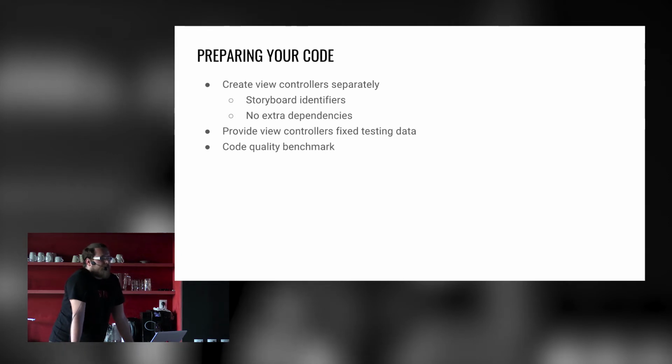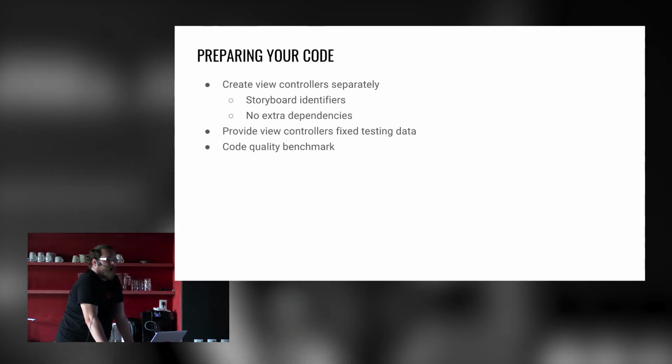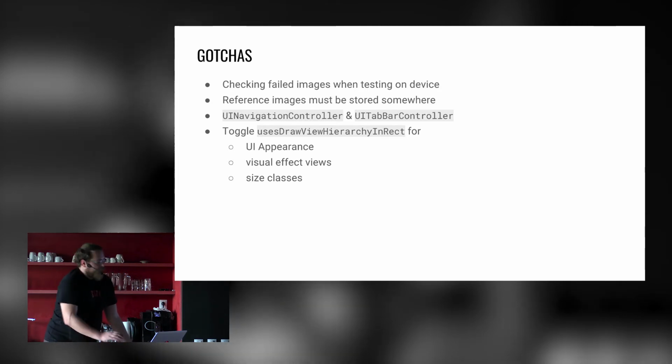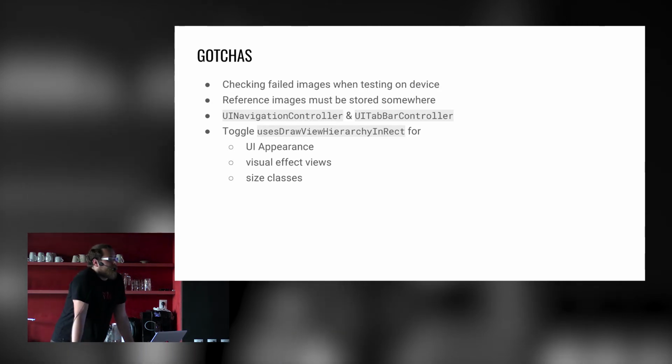And you obviously need to provide fixed testing data in all the states you want to test. This will essentially work as a good code quality benchmark, because if you can't do this, it means your code still has some dependencies that you should get rid of, or maybe think about restructuring your app.